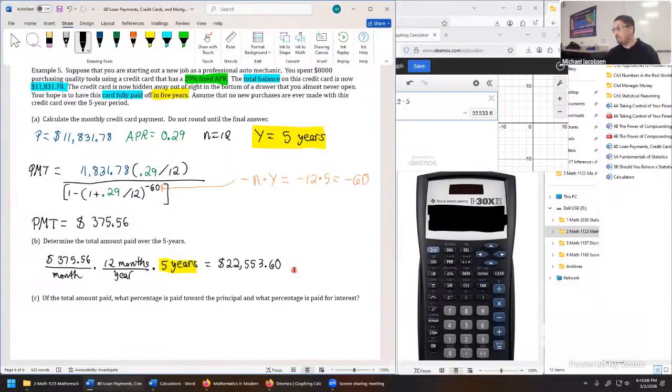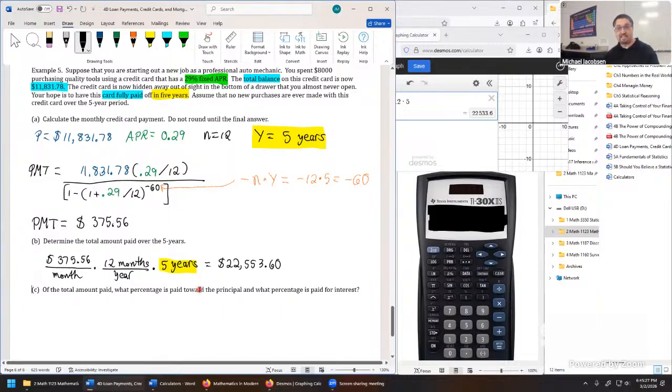And it would be even higher than this by a lot. But this value is still pretty rough. But this is a professional getting started. So probably they're going to have months where they might be able to pay more than the 375.56. This is their minimum payment for a stated goal of 5 years.